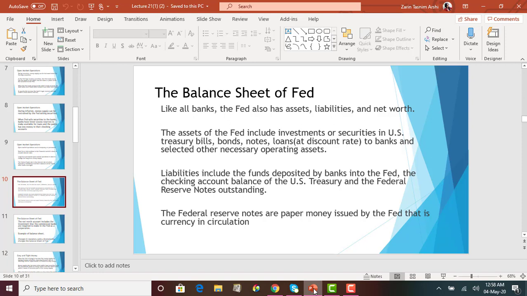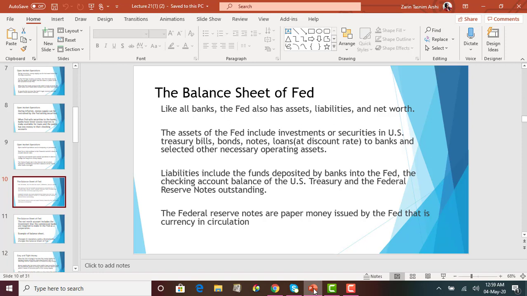Now, what are the liabilities of the Fed? The liabilities of the Fed are basically, if commercial banks have checking accounts with the Fed, remember, commercial banks can have checking accounts or depository accounts with the Fed. That's a liability for the Fed, because this is the bank's money they are putting with the Fed, and the Fed has to pay back. Anytime the commercial banks ask to return them this money, they will have to.